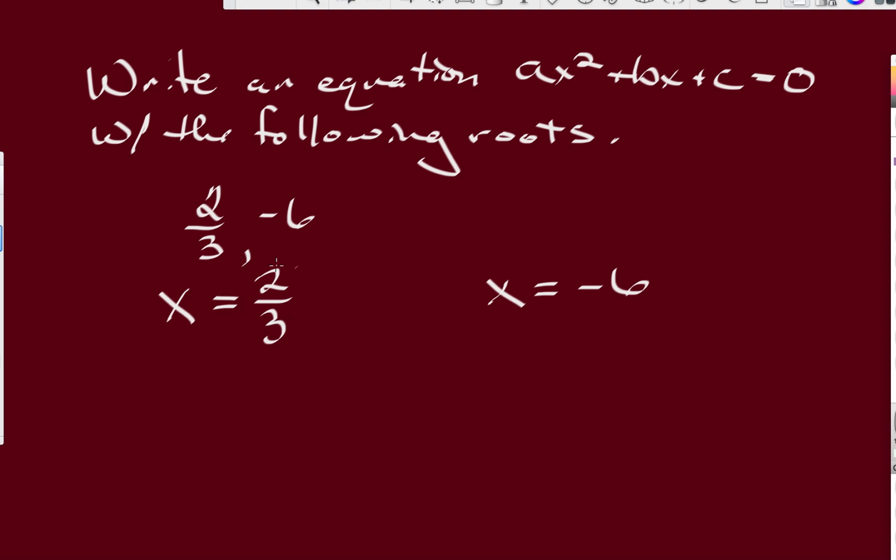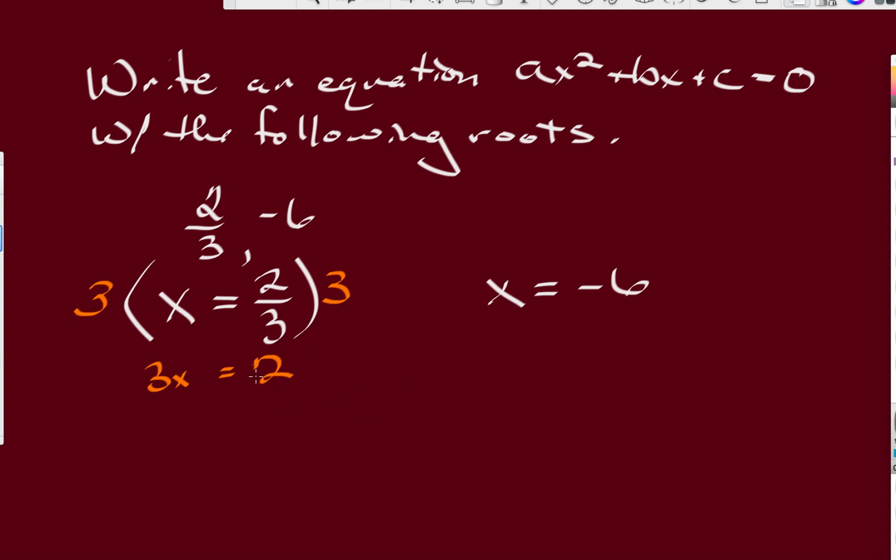So there are two things that are going to happen. The first one is I need to get rid of the fraction. I want to get rid of this denominator, so I'm going to multiply both sides by 3. And that's going to be 3x equals 2.